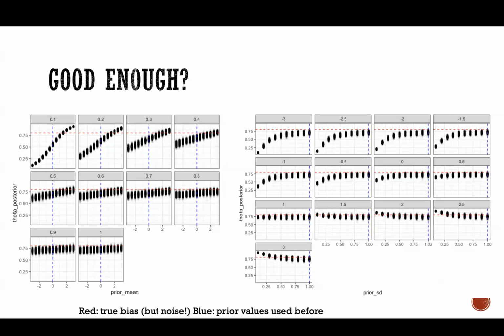So if you have a prior standard deviation which is above, I don't know, 0.5 to be sure, you're in a region of stability where increasing it is not going to change your results.